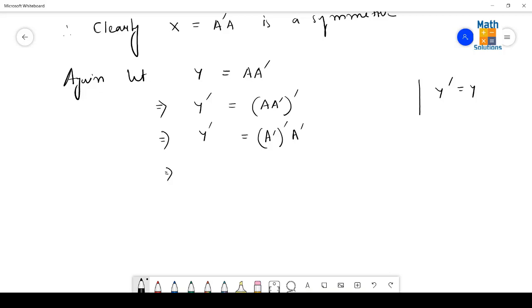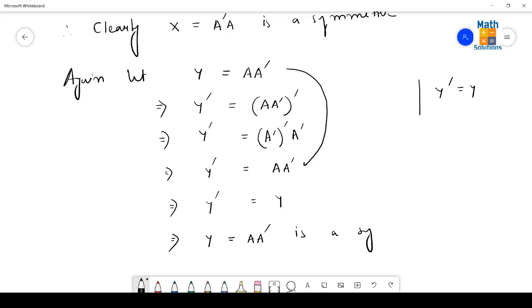So I get Y dash is equal to A dash. It can be observed that whatever value I assumed for Y, the same value I am getting for Y dash also. So I can write Y dash is equal to Y. This implies Y equal to A dash is a symmetric matrix.